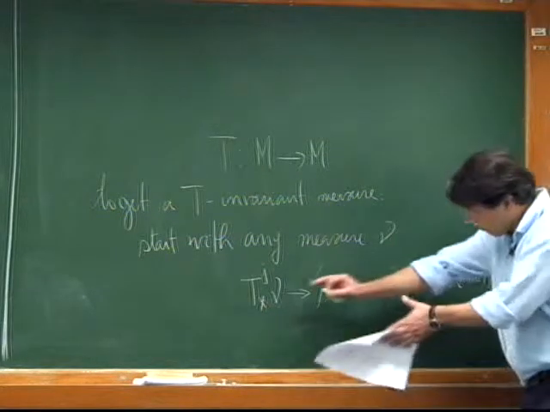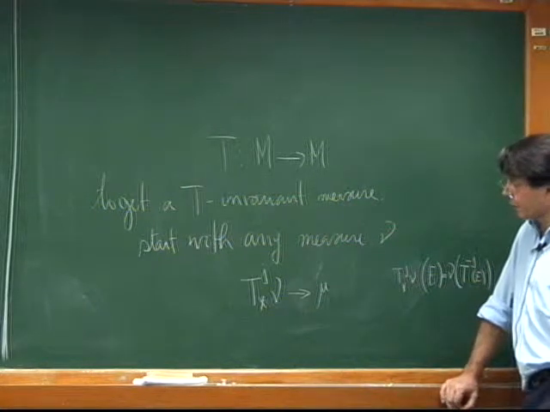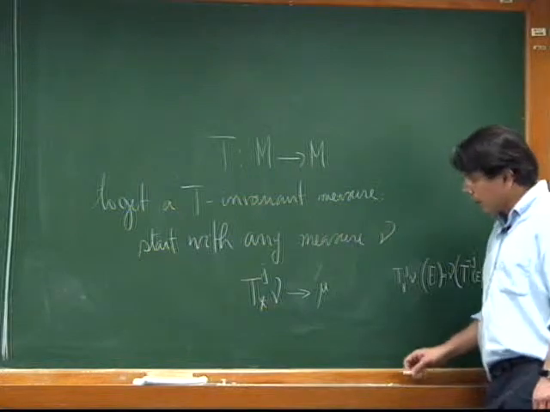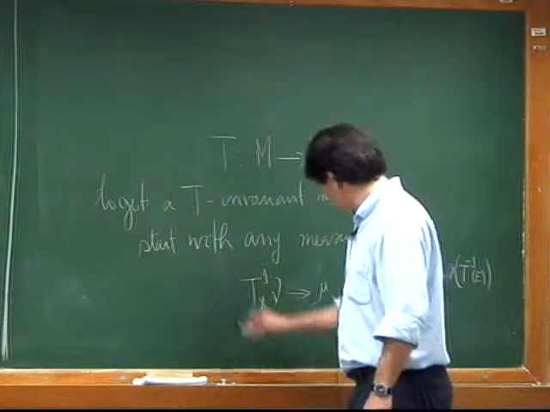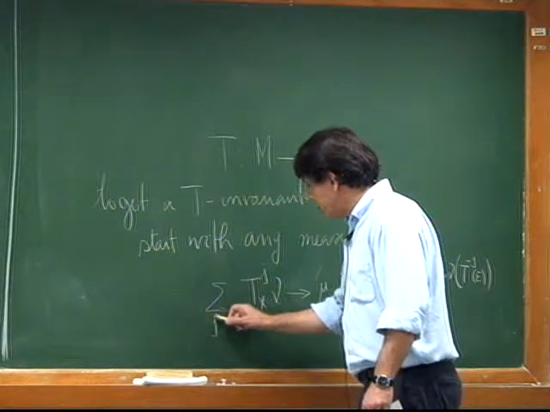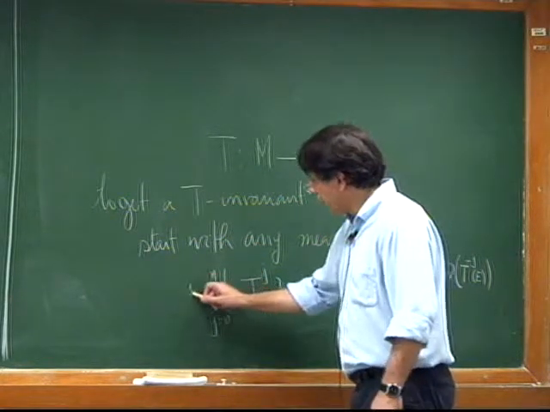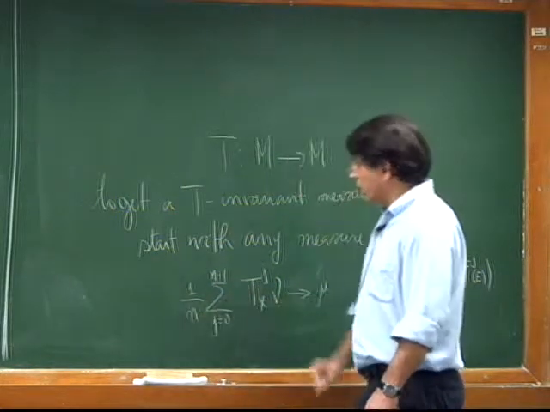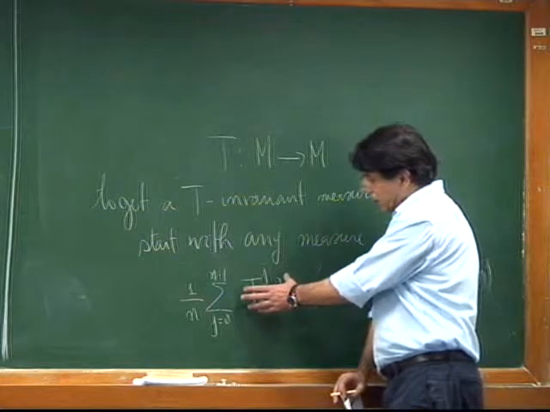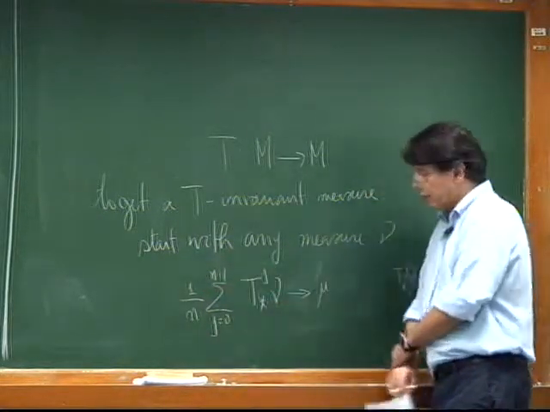If all the sequence converges, it is true. But if it's just a subsequence, it's not true. So you do something a little bit more sophisticated. You take the sum, j from 0 to n minus 1, and you divide by n. So instead of taking the sequence of iterates, you take the Cesaro sequence associated.